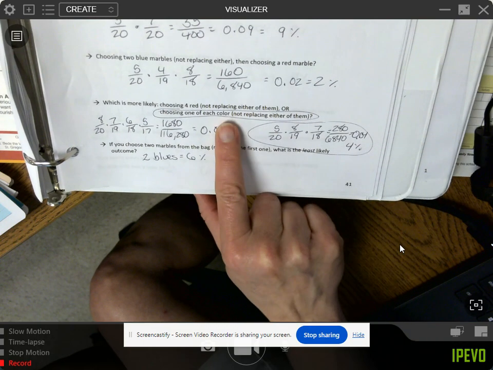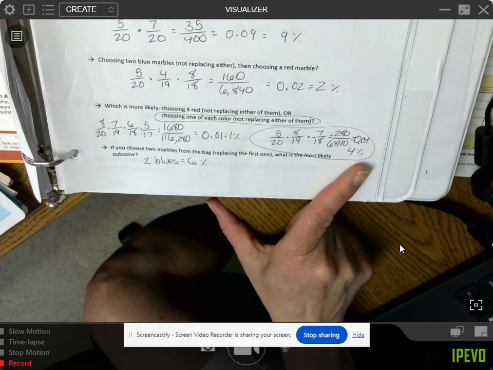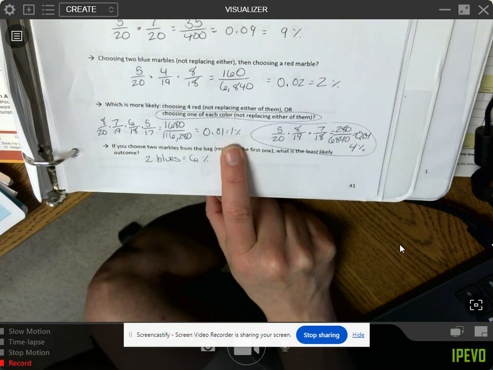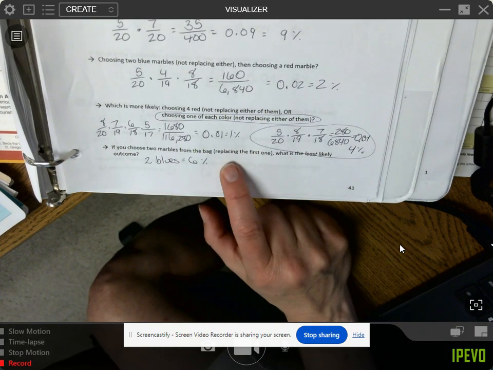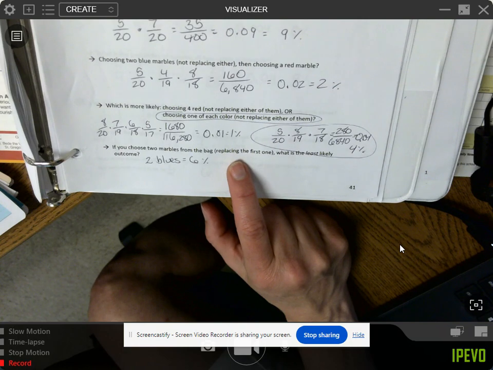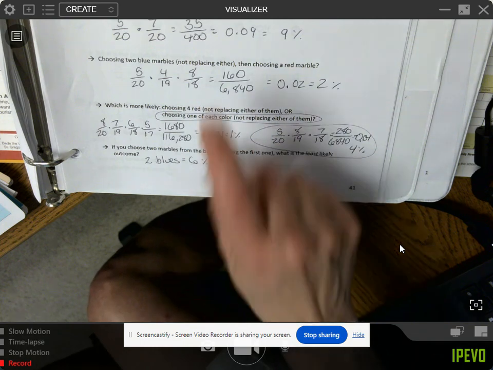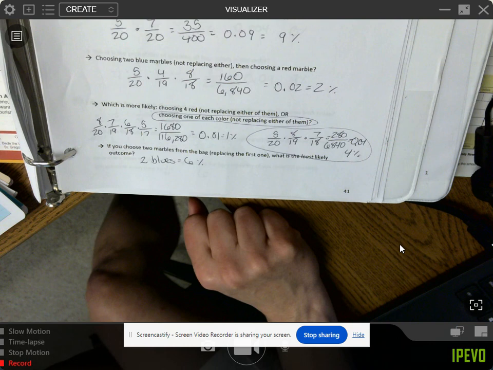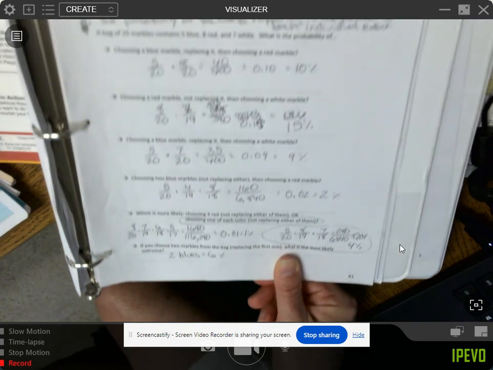So that one is more likely, getting one of each color, because it was 4%, which is higher than the 1%. Now, if you choose 2 marbles from the bag, replacing the first one, what is the least likely outcome that you would get? So what do we have the smallest probability of getting? Why do you think it would be 2 blues is our smallest probability? Yeah, it's the smallest number of marbles in the bag.